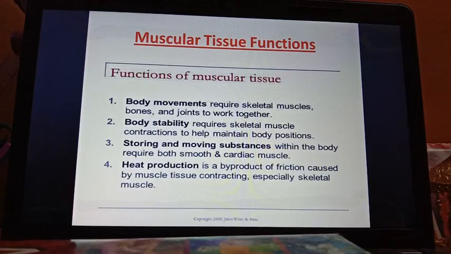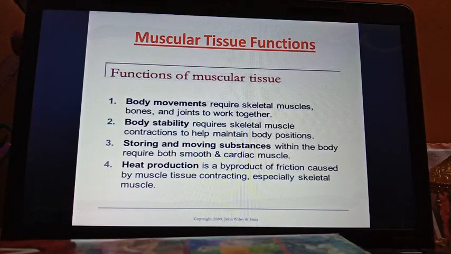Now we will proceed to the muscular tissue functions. First function, it helps in body movements. Body movements require skeletal muscles, bones and joints to work together. Next is body stability, which requires skeletal muscle contractions to help maintain body positions.